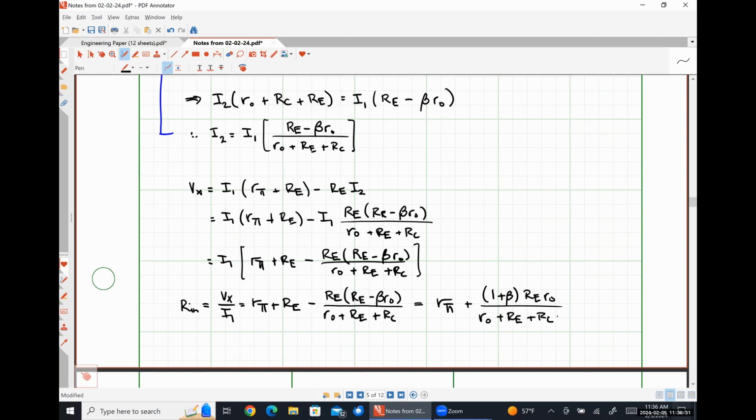Okay. Now, when R naught is neglected, or when R naught goes to infinity, effectively, this simplifies to 1 plus beta times RE, which I'll write down specifically for you. So for R naught approaching infinity, Rn is approximately equal to R pi plus (1 plus beta) RE.